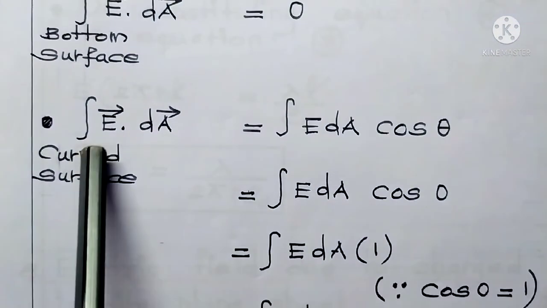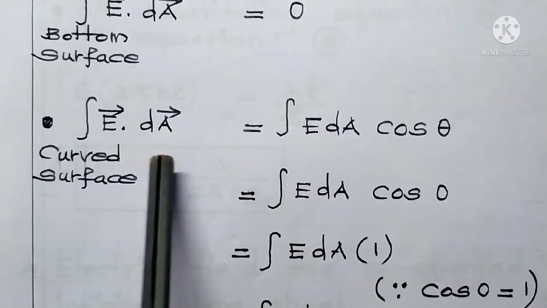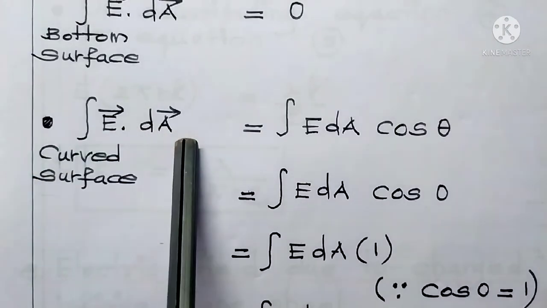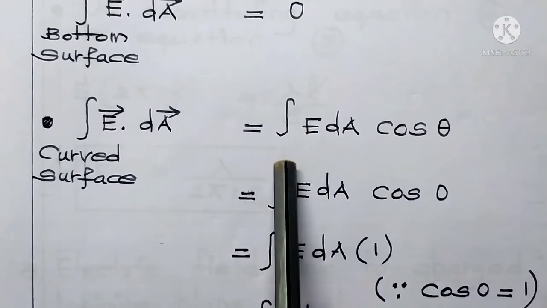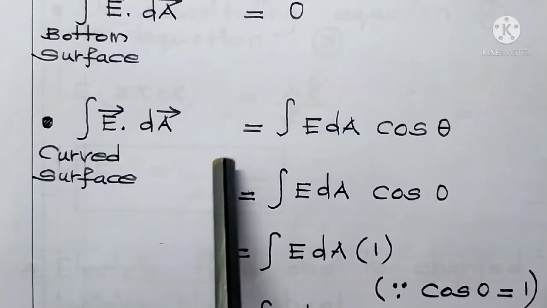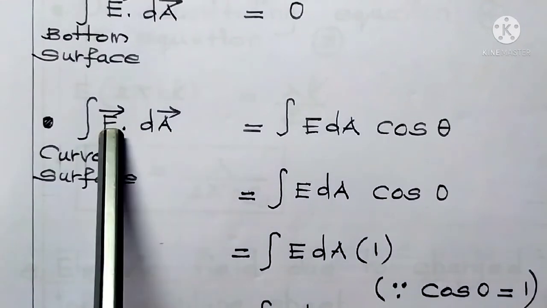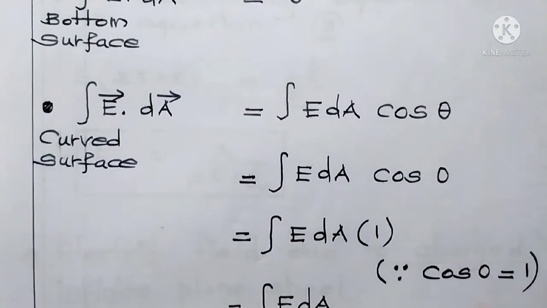Then the integral of E vector dot dA vector for the curved surface. E vector dot dA vector is nothing but E dA cos theta. In the next step, the integral of E dA. In the case of the curved surface, as we have already seen, the angle between these two vectors is 0. So cos 0 is nothing but 1.